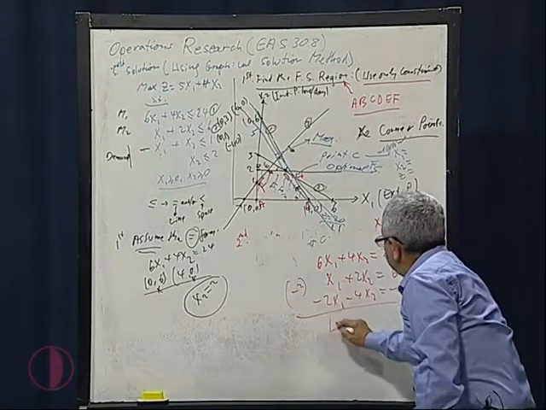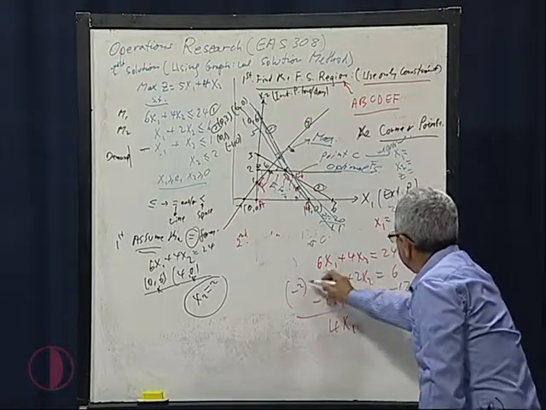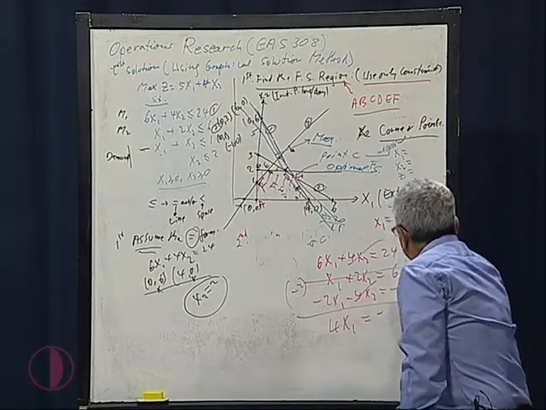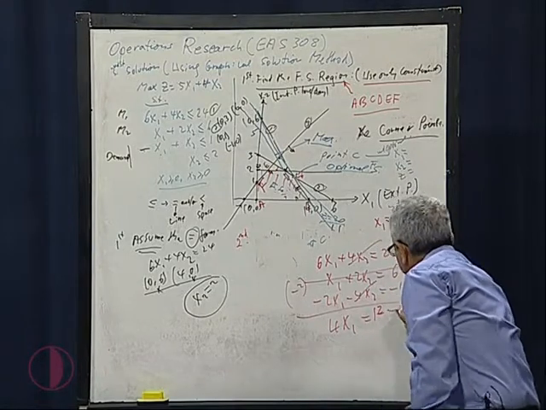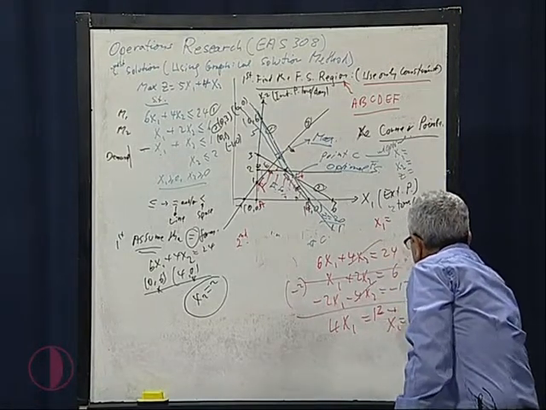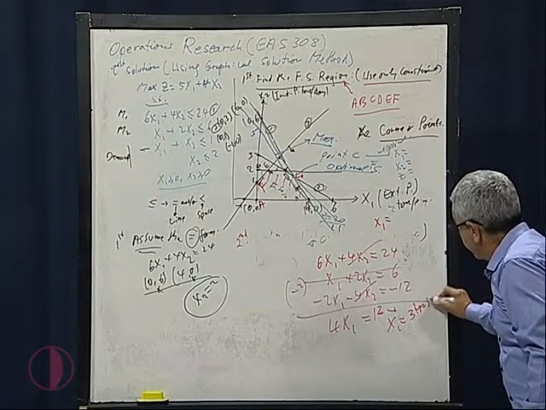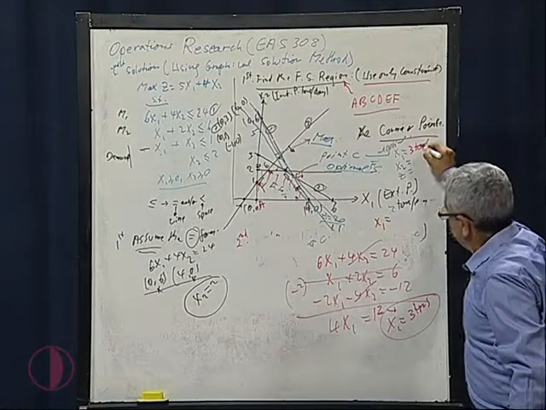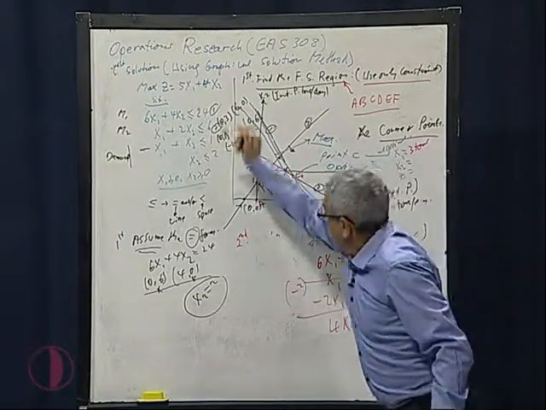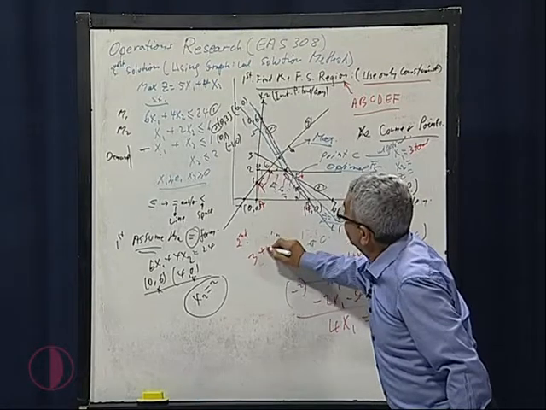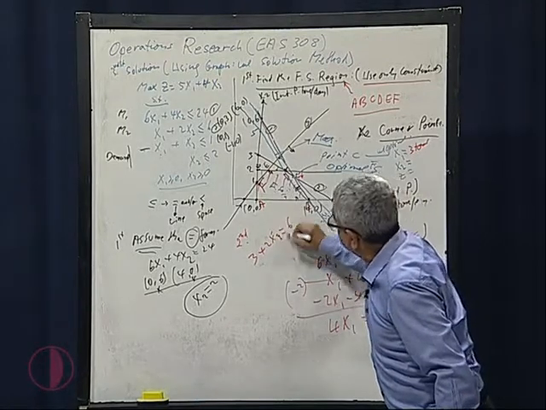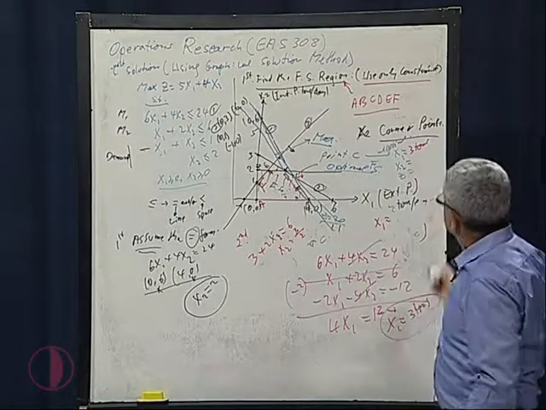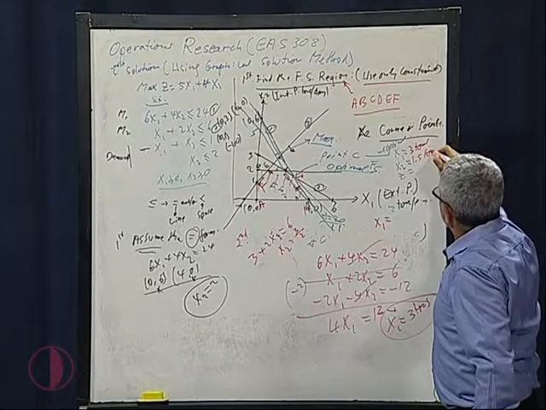These cancel each other, and 24 minus 12 is 12, and from here we get x1 as 3. It means 3 tons. In the equation, x1 is 3, plus 2x2 equal to 6, so x2 is 3 divided by 2, which is 1.5 tons.